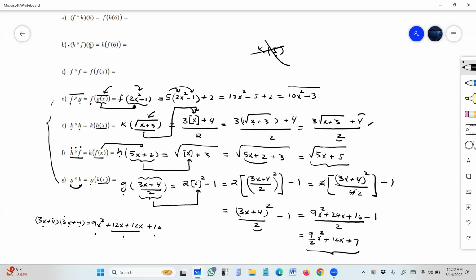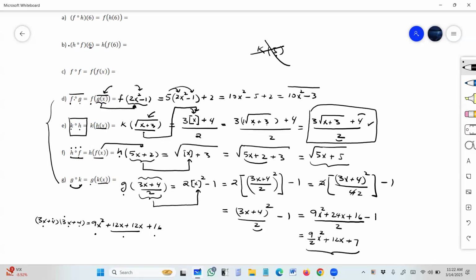Sometimes it's not possible. For example, when we did K compose H, we ended up with this, and there's nothing I can do here, right? There's absolutely nothing I can do.